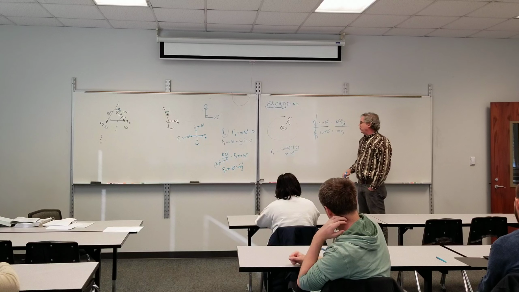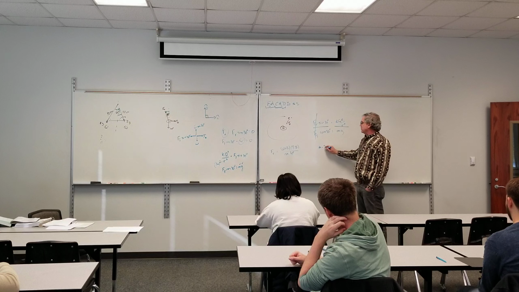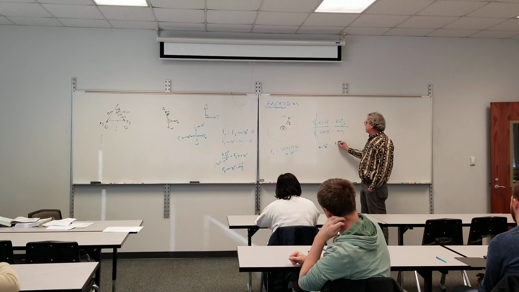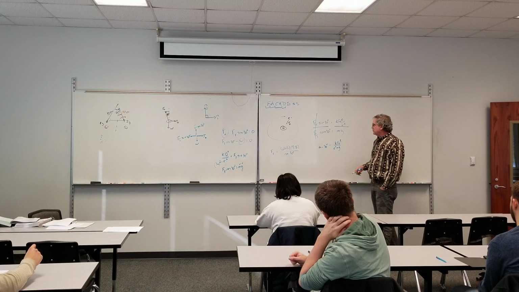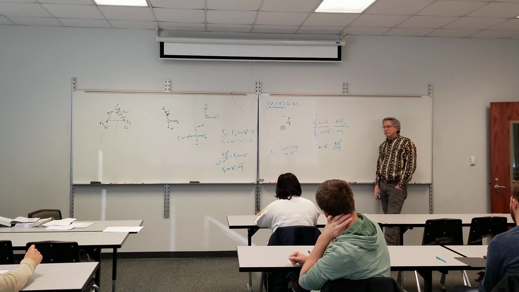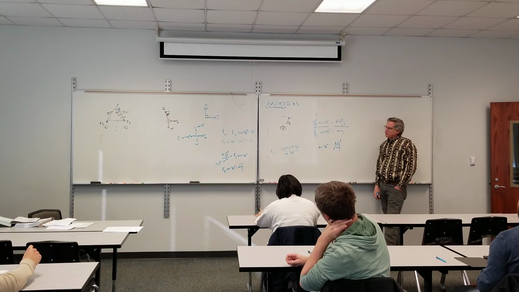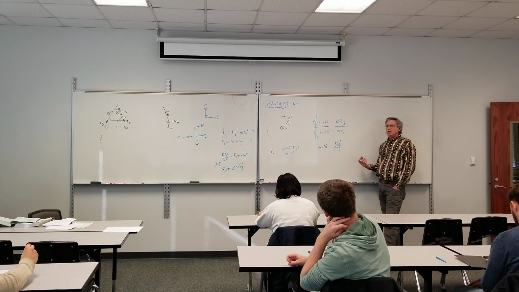The tension cancels out at that point, and you're left with the tangent of 30 degrees equal to kQ squared over r squared mg. Perfectly legitimate. I typically do that in other problems. I don't know why I didn't do it here. I guess it's not my mood.